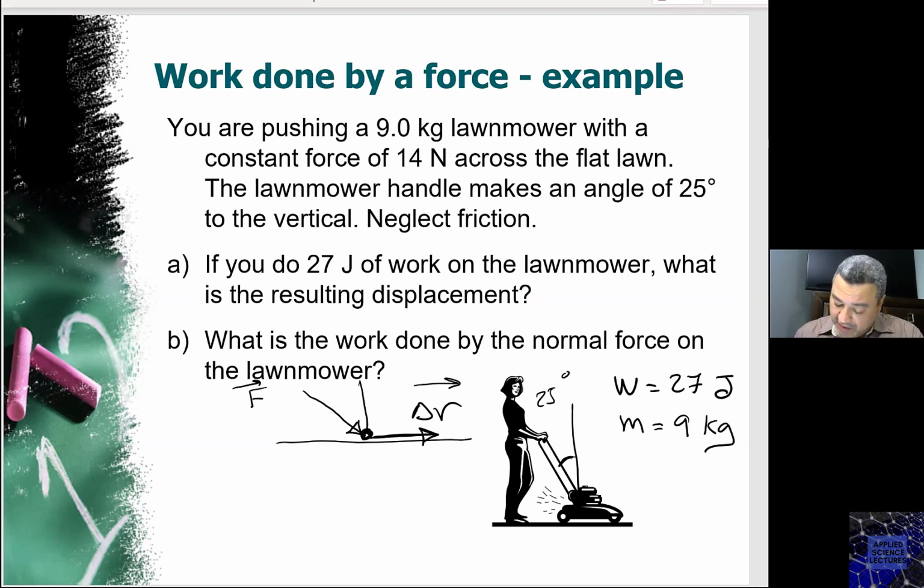So if the angle here is 25 degrees, and the angle here is 65 degrees.